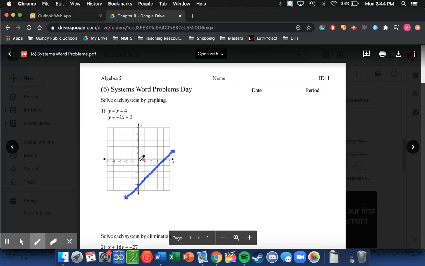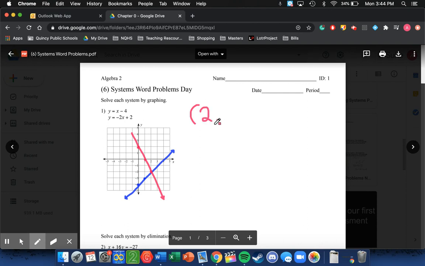Negative 2x plus 2. Okay, so y-intercept of positive 2 and a slope of negative 2. So down 2 over 1, down 2 over 1. It appears that this location right here is the point of intersection. This point (2, -2).